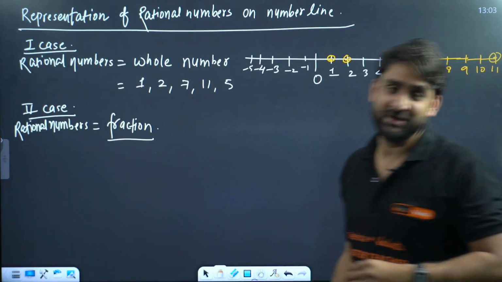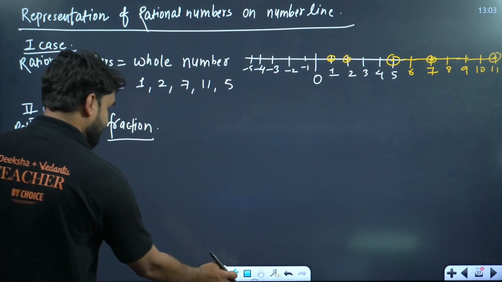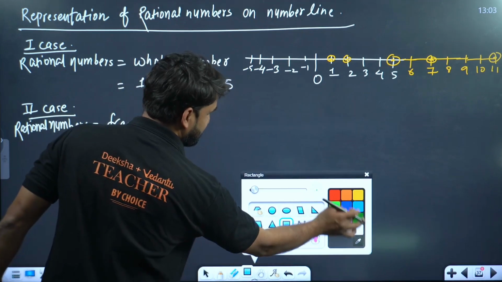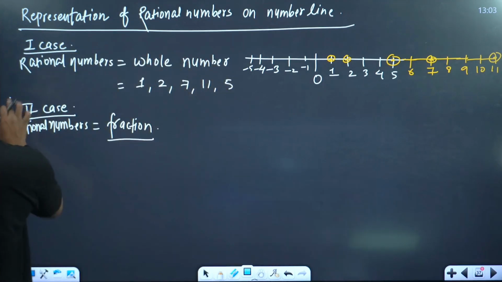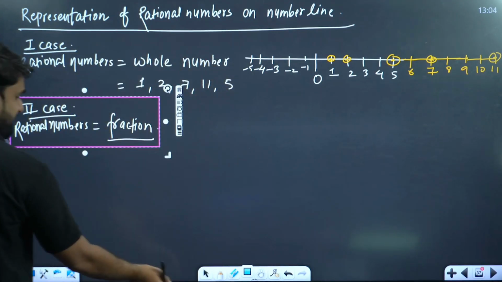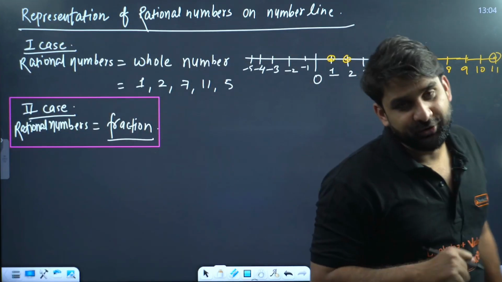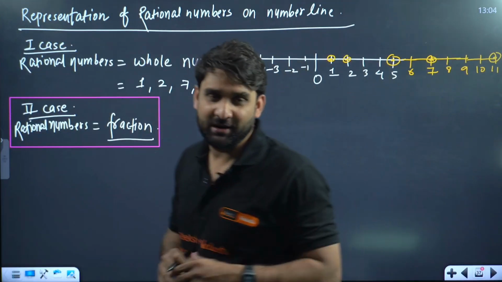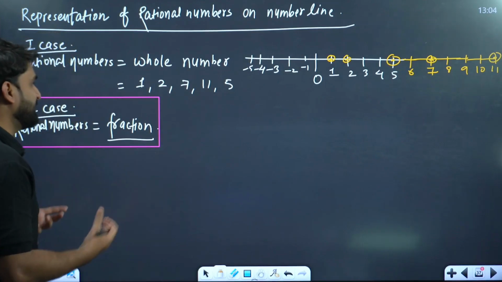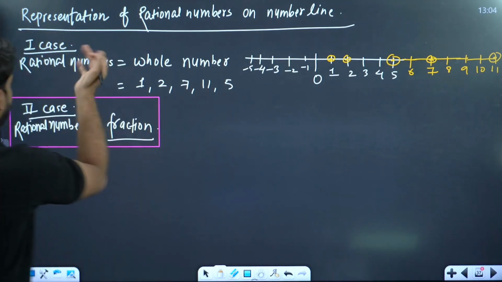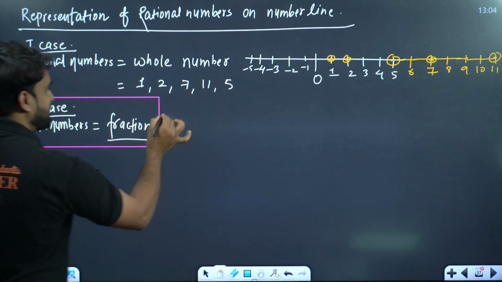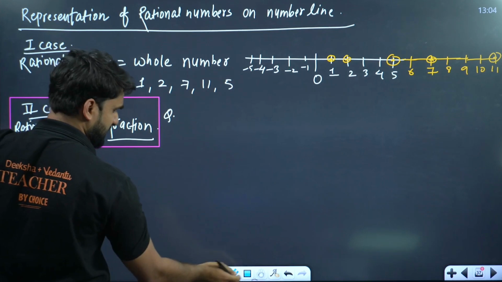This is the important topic. This is very important. Let me underline this. Trust me, my dear, this is very important. If the rational number is in fractional form, then how to represent the rational number on the number line? So let's understand by a question. Question, let me use another color.